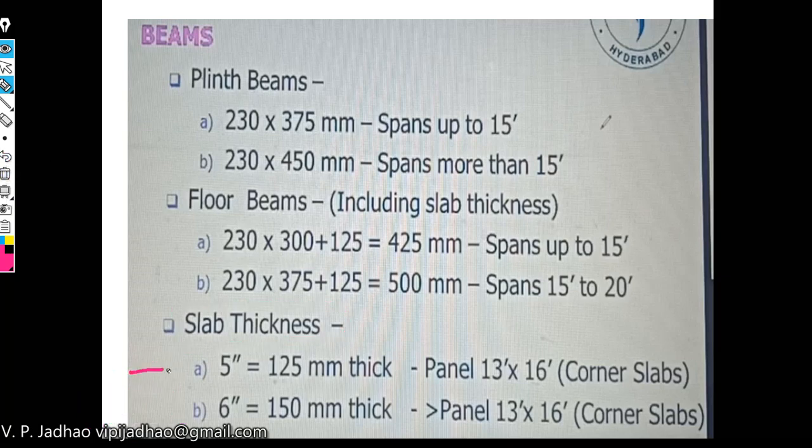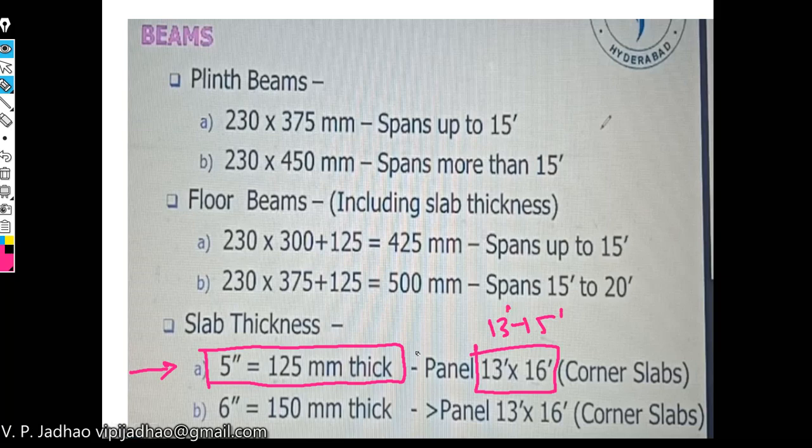Generally, for a residential building with a span up to 13 to 15 feet, this 5-inch thick slab passes. Generally this 5-inch slab thickness, or 115 mm thick slab, will pass for a span of 13 to 15 feet.